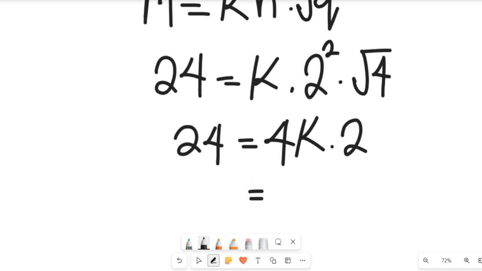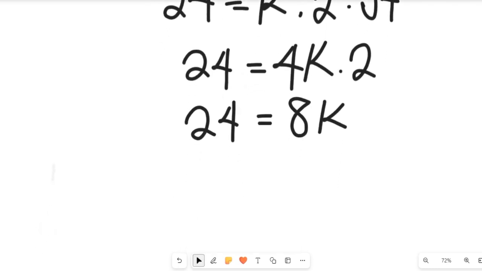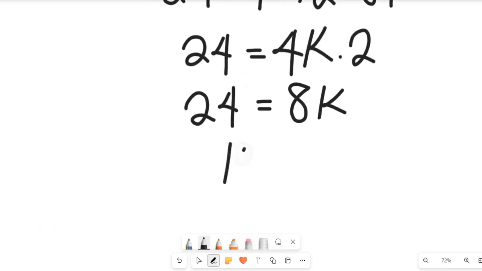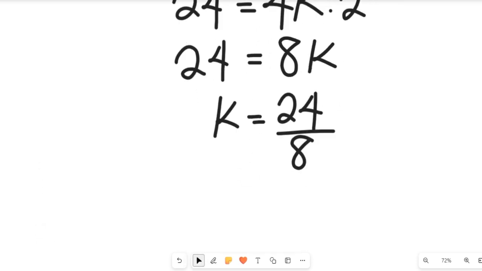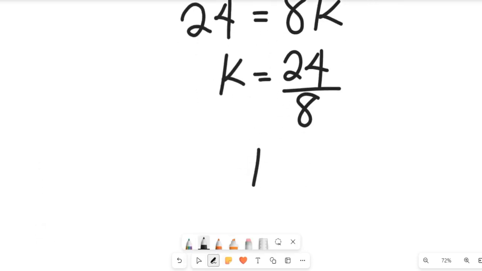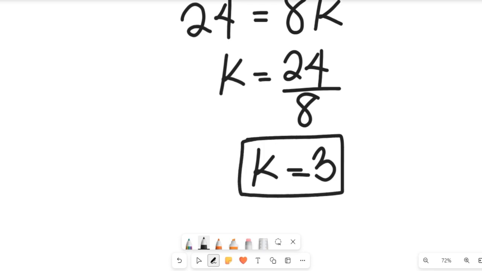And this will give us 8k equal to 24. So the value of k will be equal to 24 divided by 8, which is going to give us 3. So the value of k is equal to 3.